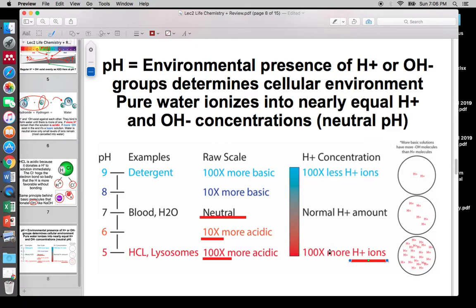Now you can view the pH scale just purely with how many of these ions are around, or every time you go up in pH scale, you can know that you're getting a lot more basic. So while there's less hydrogen ions here, anytime you see less hydrogen ions, that's going to mean more OHs.